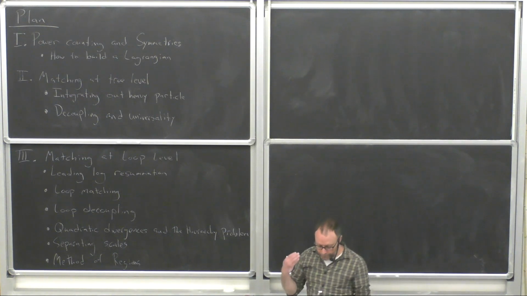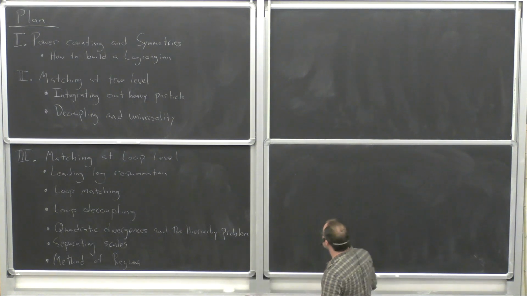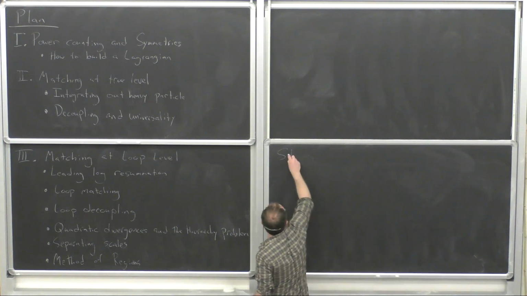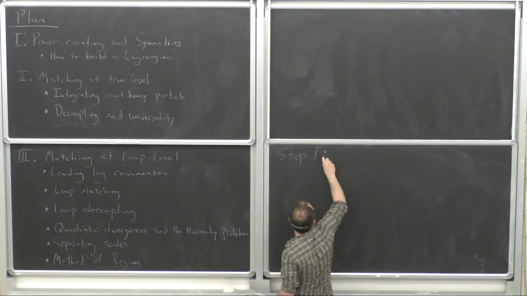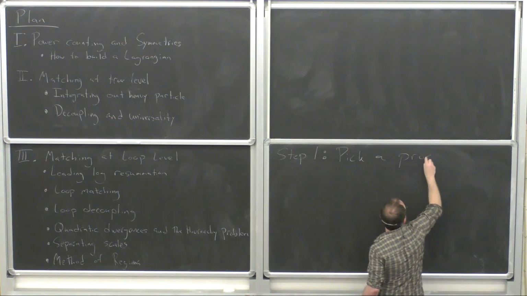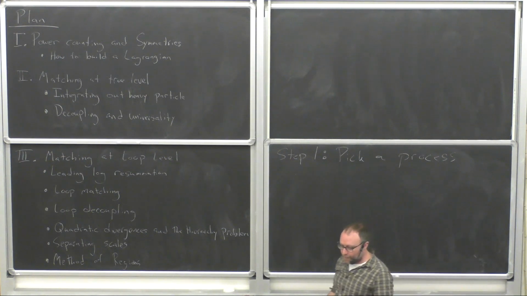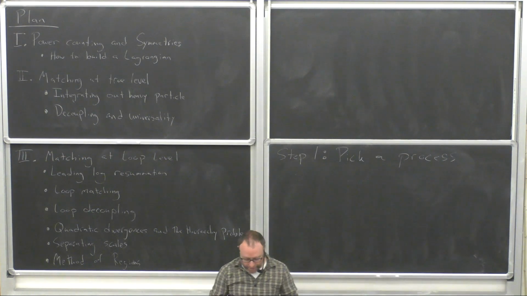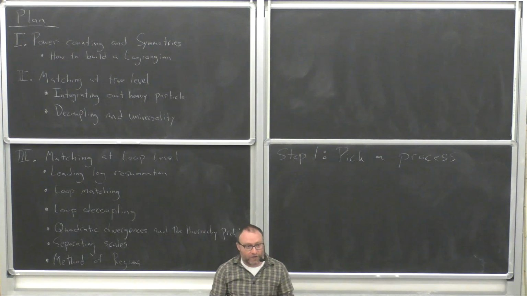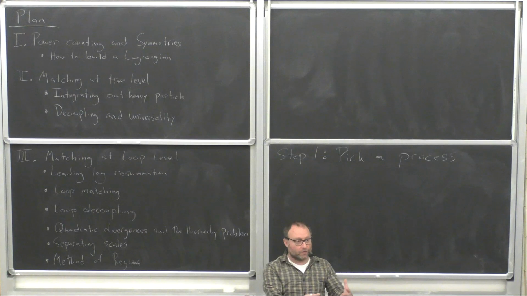Well, I would argue that the first step when thinking about EFT from the bottom up, okay, at low energies, is to pick a process. Okay, we often think about EFTs as being more general, but at the end of the day, the starting point is some observable, okay?